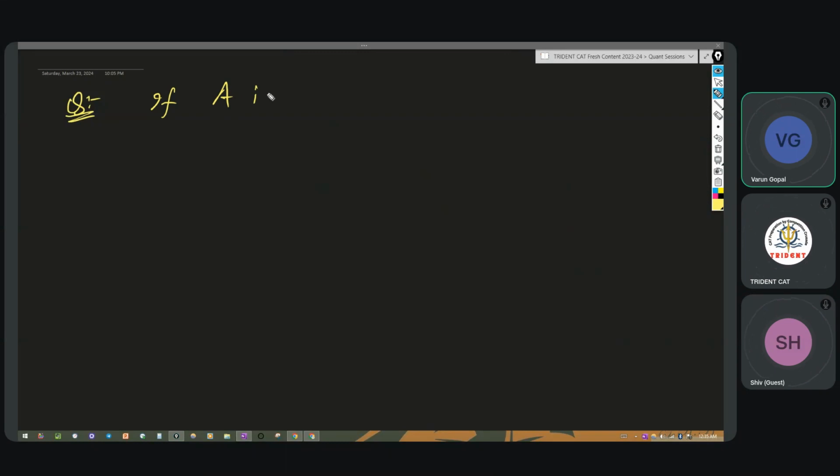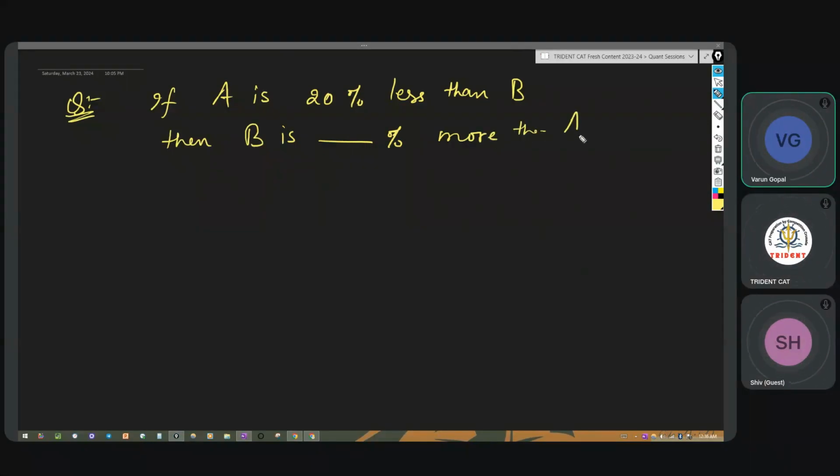So if A is 20% less than B, the question is, then B is dash percentage more than A. Five by four.